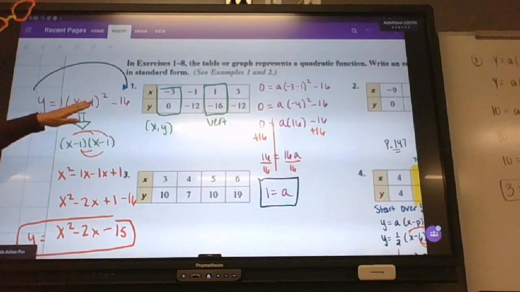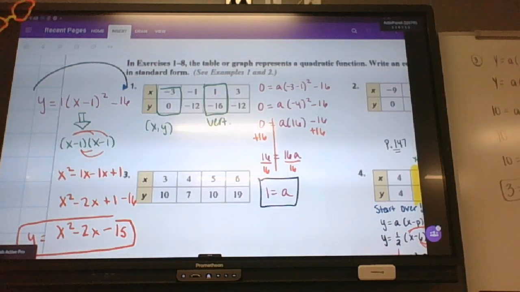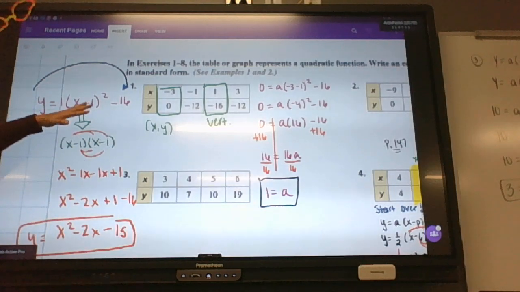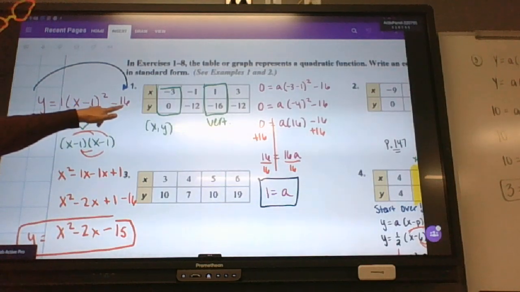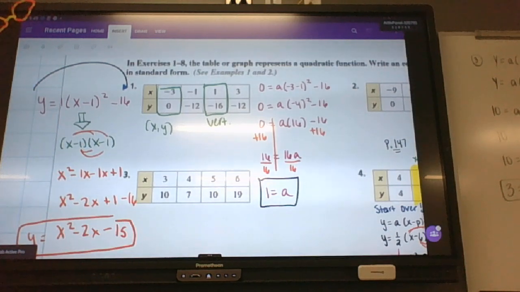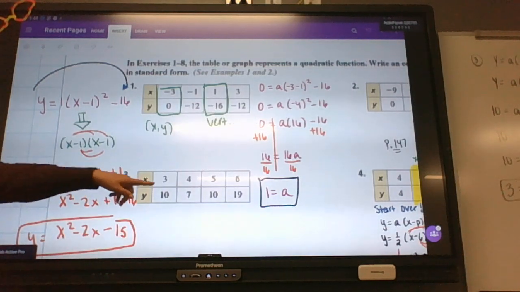Then you start over again after you find a. You go back to vertex form, but this time you do your h and your k. You plug in a, and you keep x, y. The second time through, you don't plug in the x, y, you only plug in the vertex and the a that we just found.